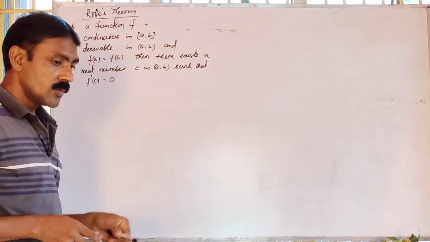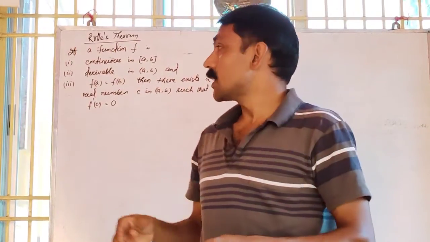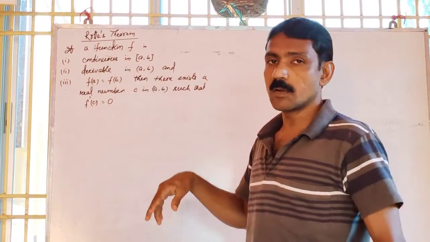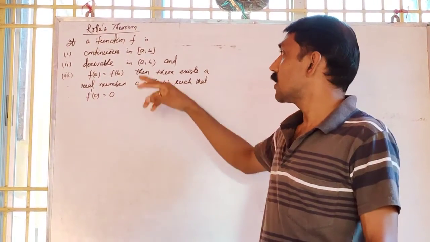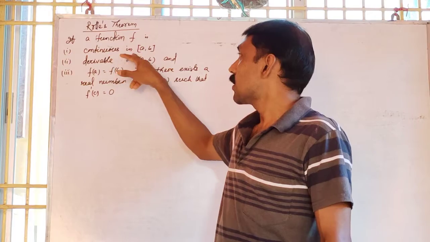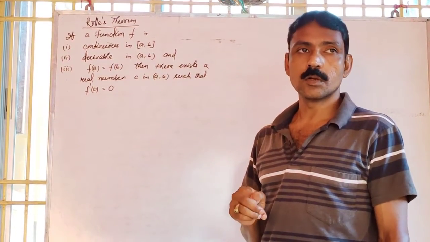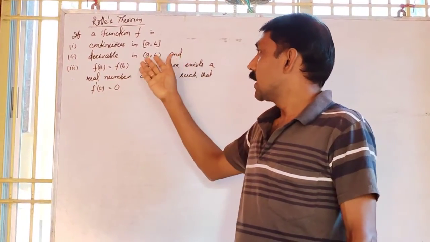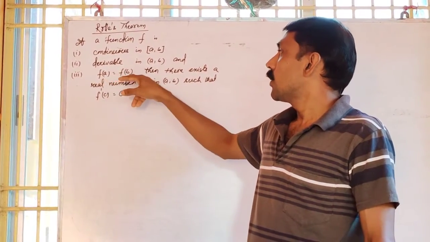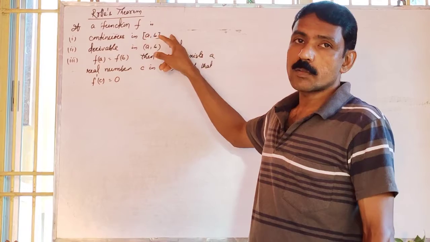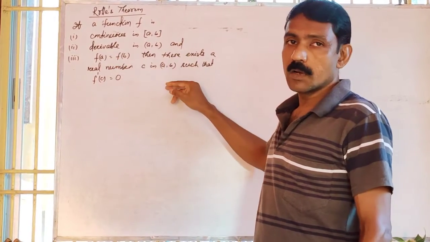Means to verify Rolle's theorem, first we have to check these three conditions, whether they are satisfied or not. What are those conditions? First, the function must be continuous in the given closed interval, and it must be differentiable in the open interval, and the value of the function at the endpoints of the interval must be equal.